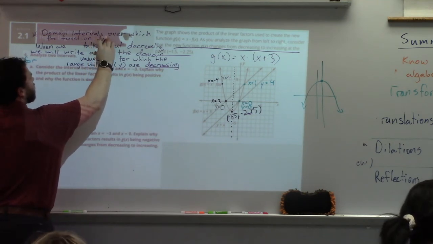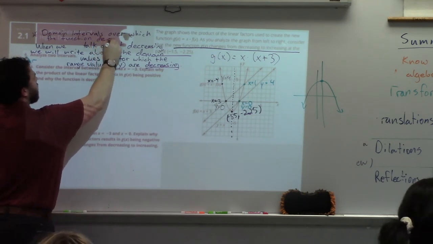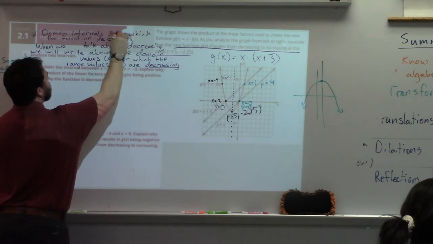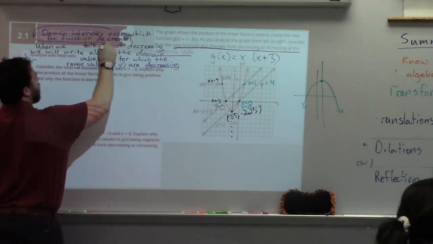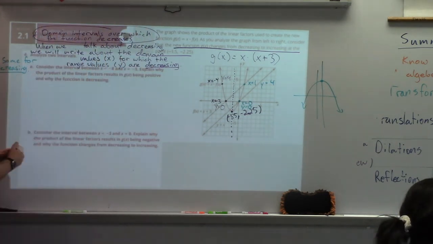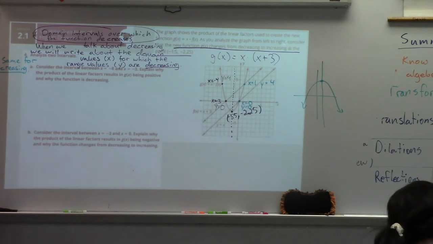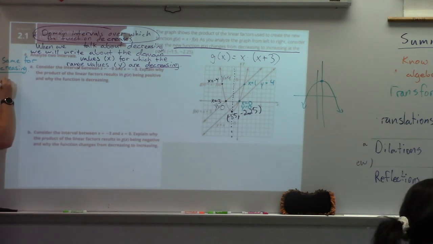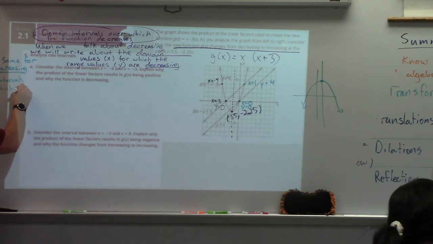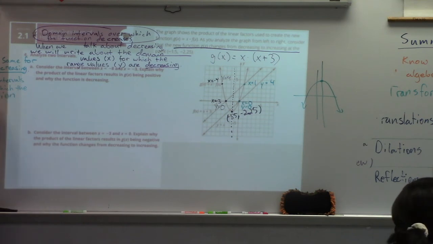That is a mouthful and it's a pain for me to say, but I have found that it helps students be better about identifying those intervals. So here, I would say domain intervals over which the function increases.